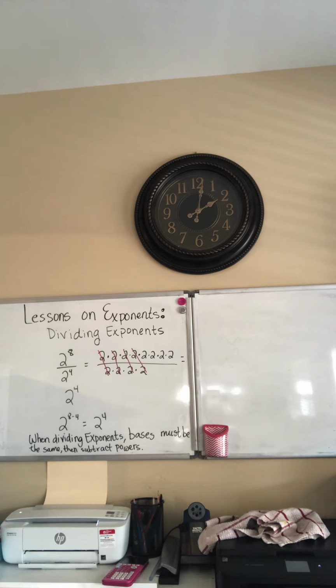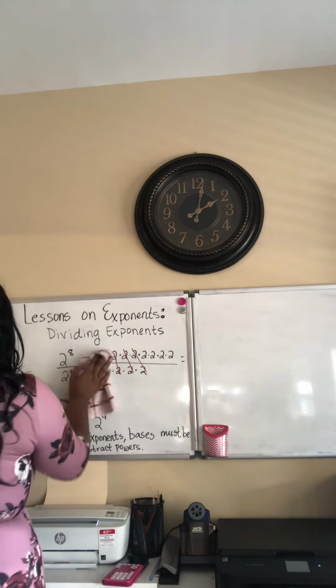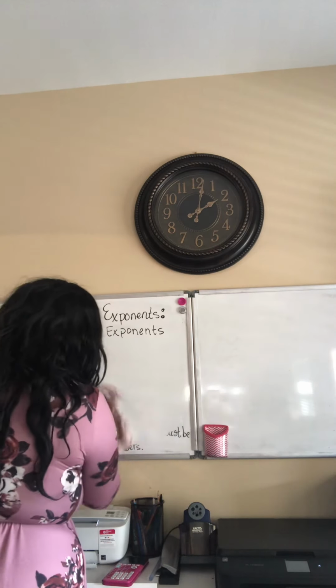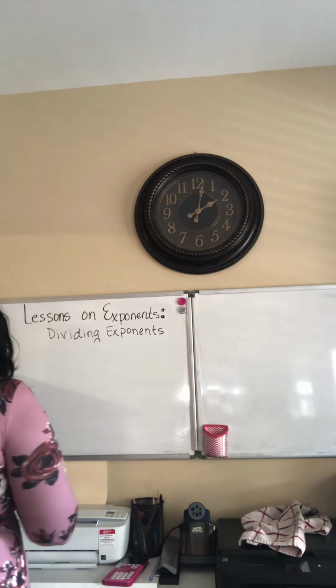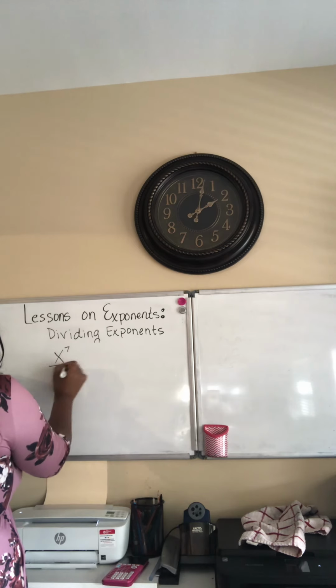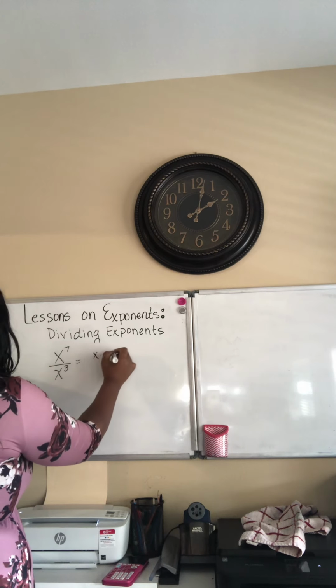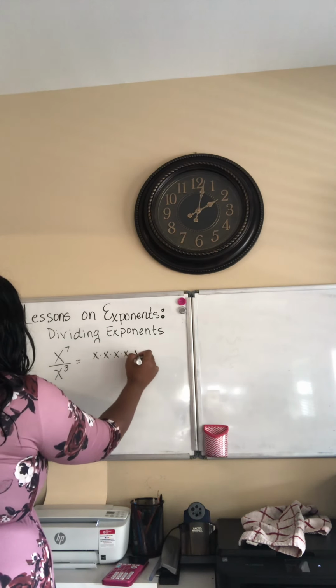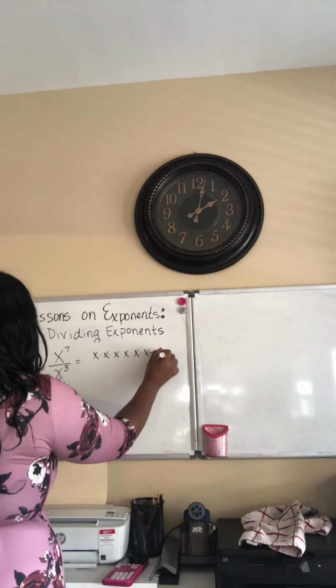Let's go ahead and look at this using algebra. So let's say we had the following scenario. X to the 7th power divided by x to the 3rd power. So that's the same as saying x times x times x times x times x times x. 1, 2, 3, 4, 5, 6. One more x needed.